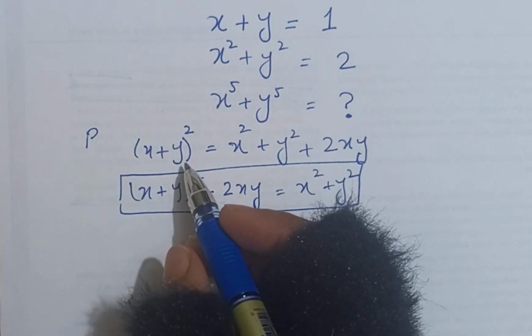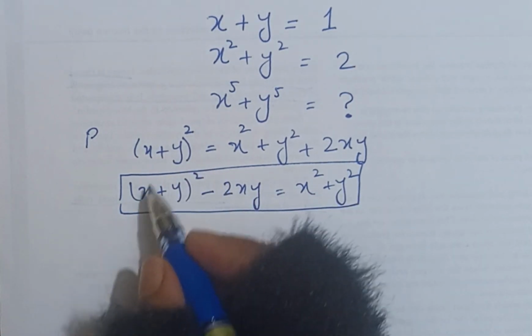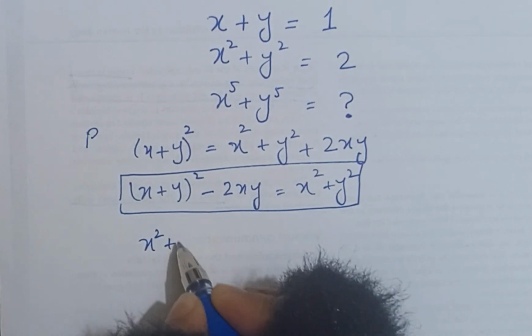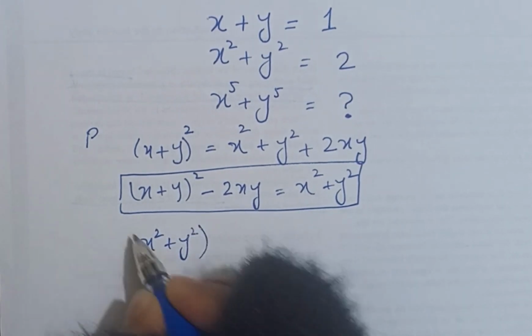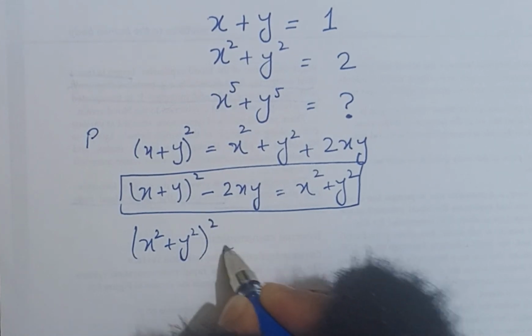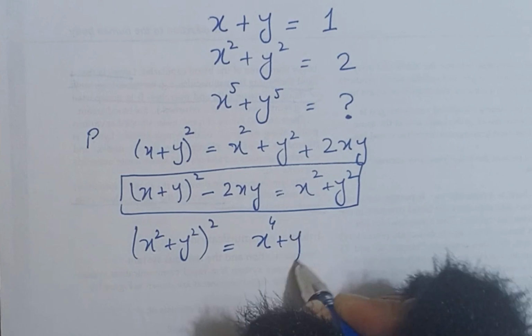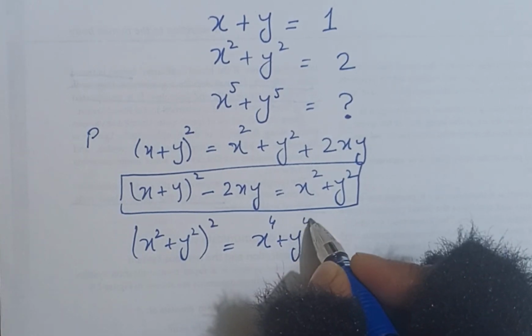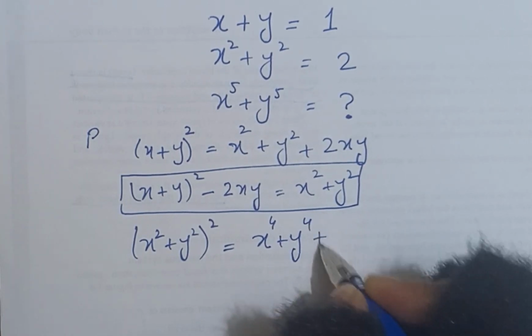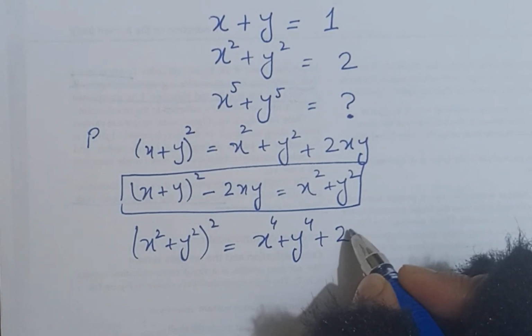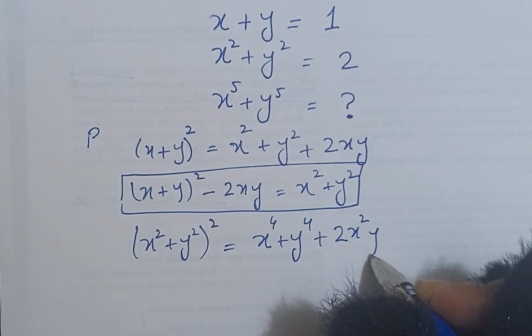And another property that we use is (x square plus y square) whole raised to the power 2, which is equal to x raised to the power 4 plus y raised to the power 4 plus 2 times the product of x square and y square.